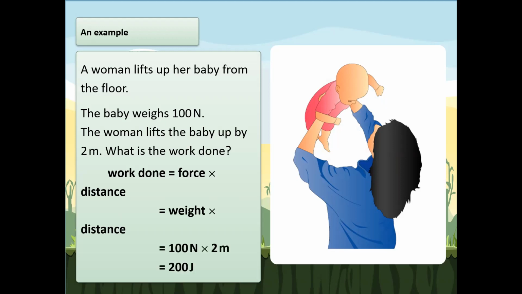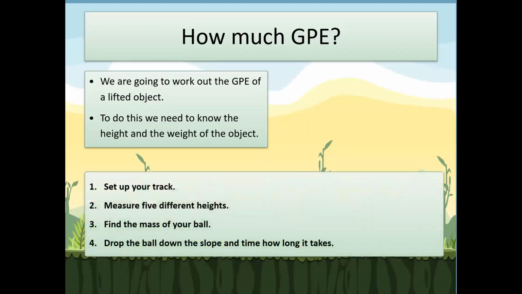Okay, so you get 200 joules. So how much GPE? We are going to work out the GPE of a lifted object. So when you lift an object, it goes up. So once it goes up, the energy transferred is the energy stored in the form of GPE, because the energy is transferred due to the influence of a force.